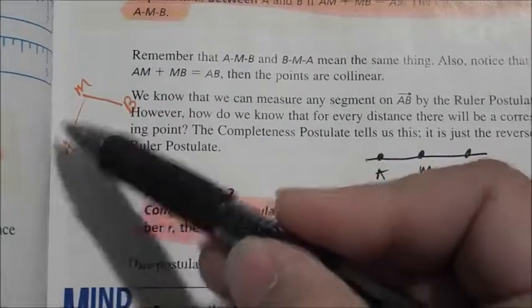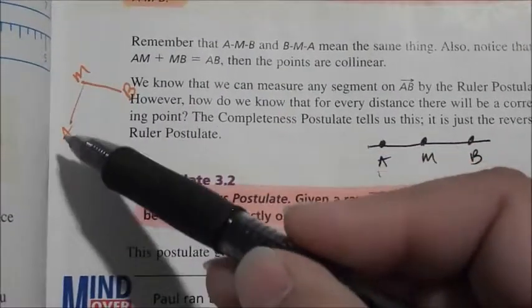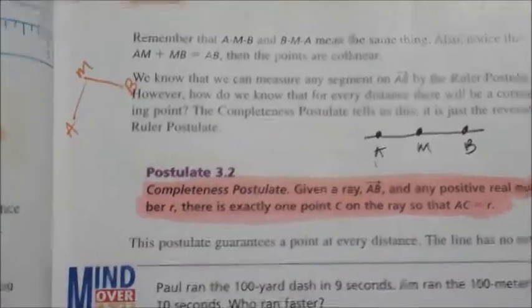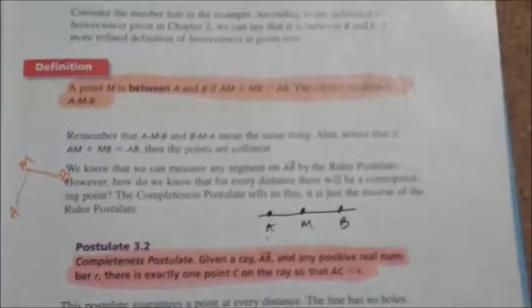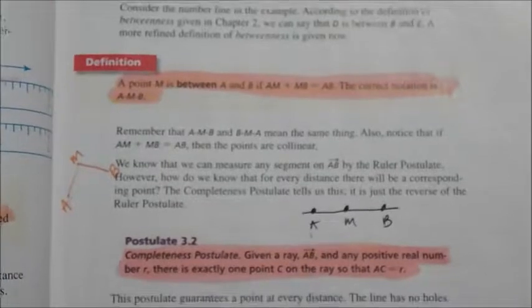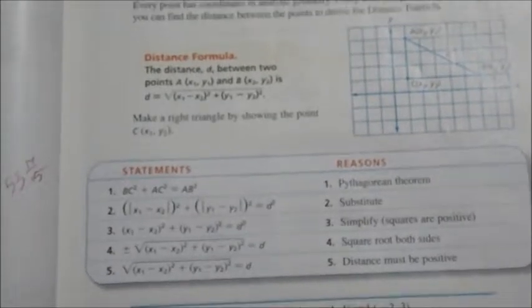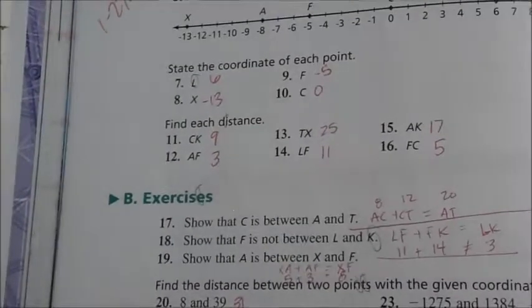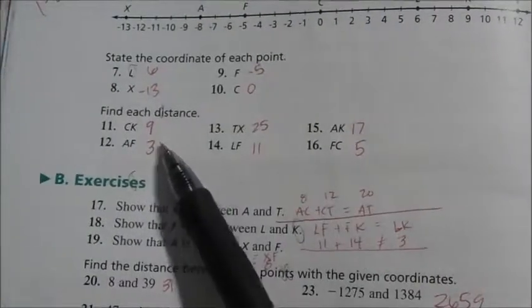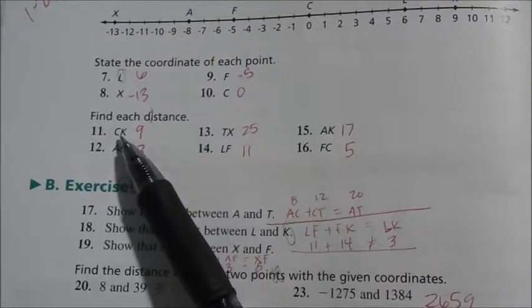If you straighten these out, these two together would end up being longer from here to there. So you know that it's between and basically collinear if the numbers add up. So that's what you wanted to know about these.